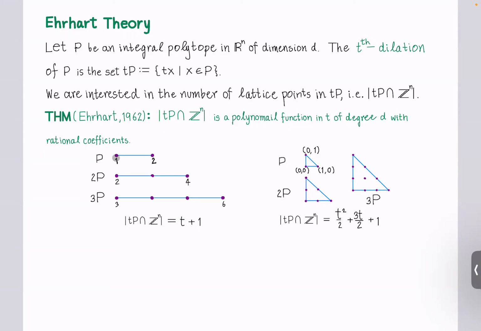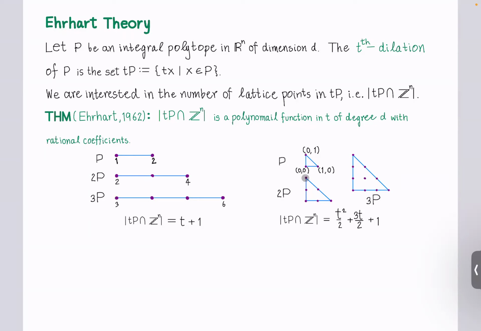So the number of lattice points in P, there are 2 of them. And in 2P, you can see that there are 3 of them. And in 3P, there are 4 of them. So 2, 3, 4, you can guess that the polynomial has to be t plus 1. Nice, it's a polynomial. That's good.